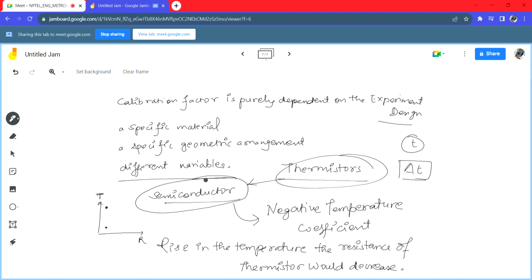And for a very low value of temperature, we would have a very high value of resistance. So this is the kind of curve that we get here. So this will have a negative slope.